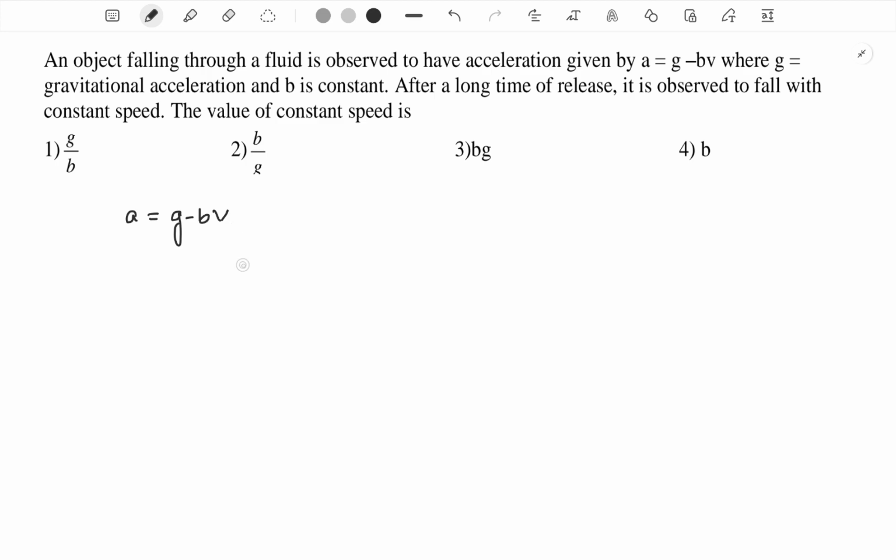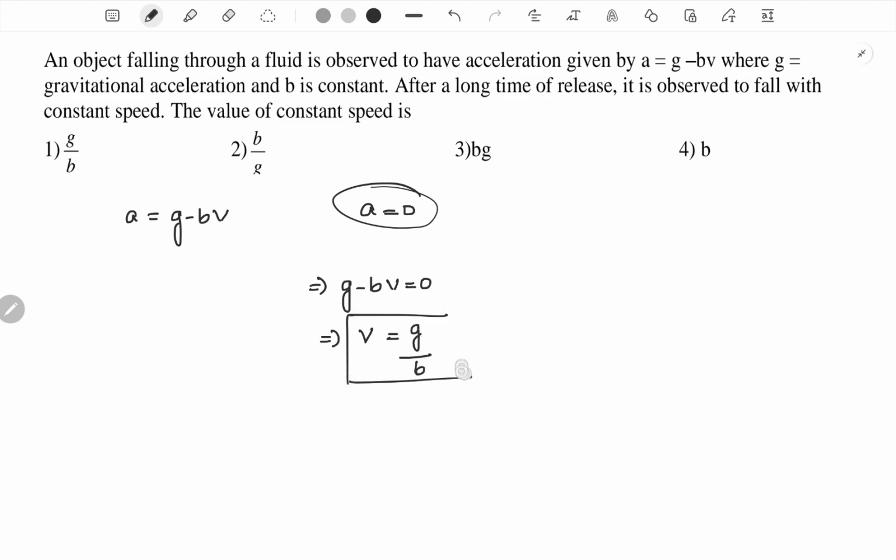So if it has attained a constant speed, that means a is equal to 0 definitely. If it's moving with constant speed, acceleration would definitely be 0. If acceleration is 0, then if we use that condition, we will get g minus bv is equal to 0. That implies v is equal to g by b.